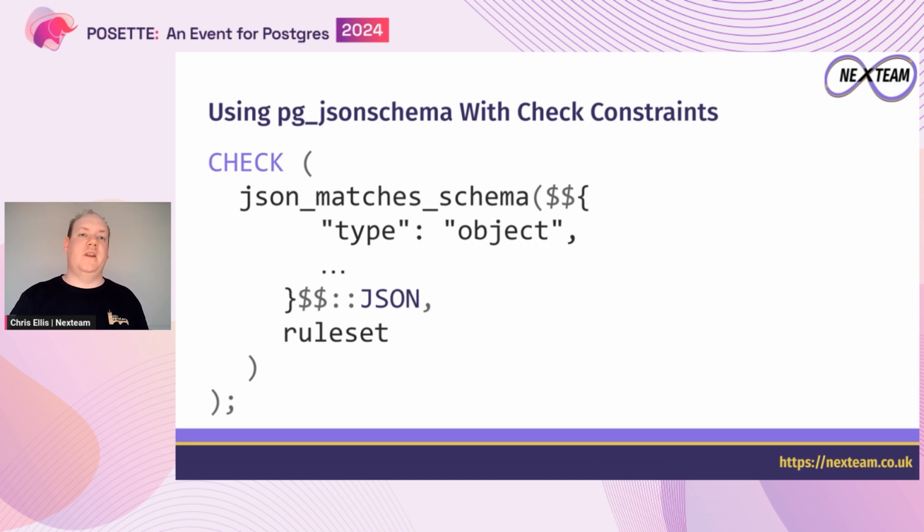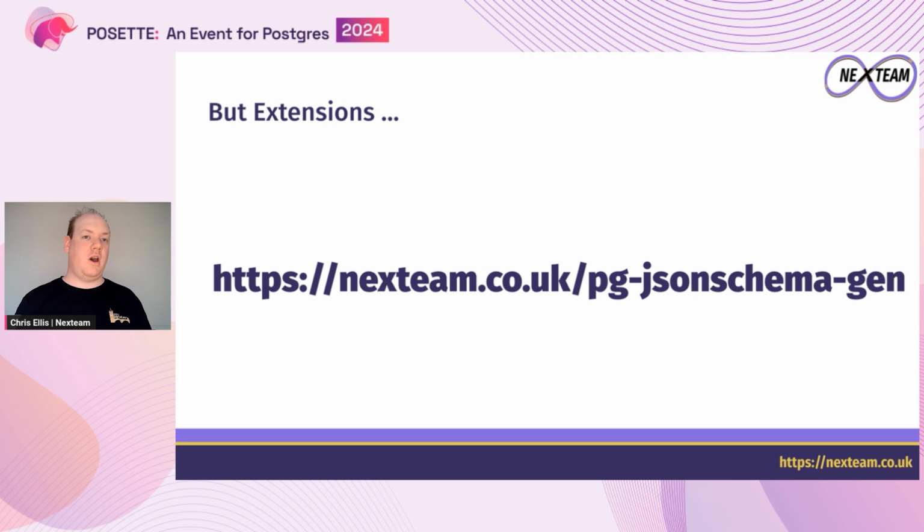Now, the only downside here is that, as I said, we've had to install an extension that might not always be an option for us, which is why I think it's still useful and valuable to talk through the build up and basic building blocks of how we can solve this with pure SQL. And I have a tool that's available on our website where you can give it a JSON schema and it will generate at least basic validation functions.